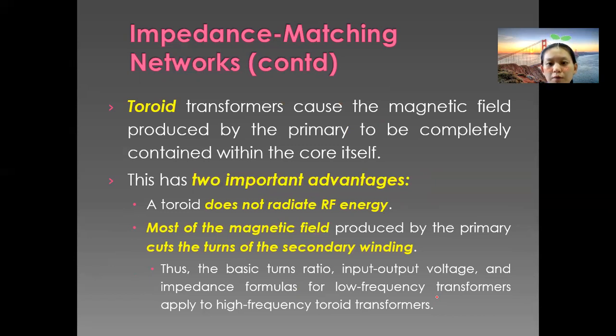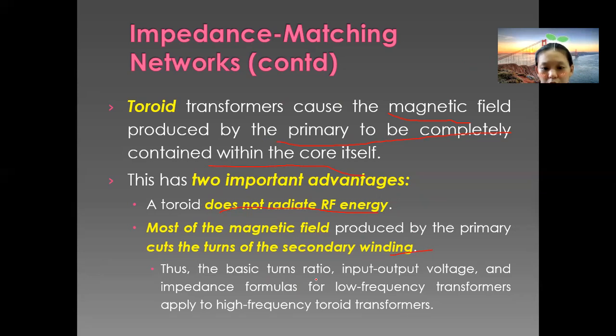Now we go to the toroid. This toroid transformer produces a magnetic field, and it is completely contained with the primary. It has two advantages. The first advantage is that it does not radiate RF energy. The second advantage is that most of the magnetic field produced by the primary will cut the turns of the secondary winding.